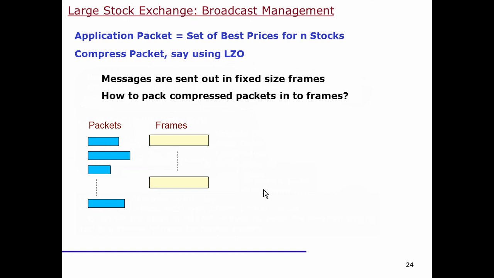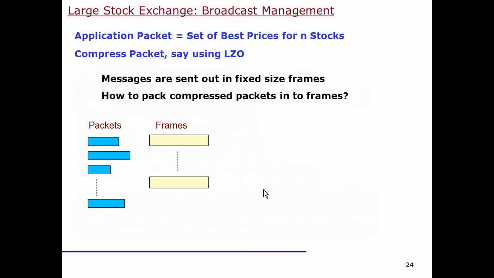Now these packets are available, but you've taken them without compression, applied LZO, and you get packets of different sizes. Now you need to take these packets and pack them into fixed size message frames that are actually broadcast out. So how would you go about taking a number of compressed packets and fitting them into fixed size message frames, where your target is to minimize the number of frames that need to go out?